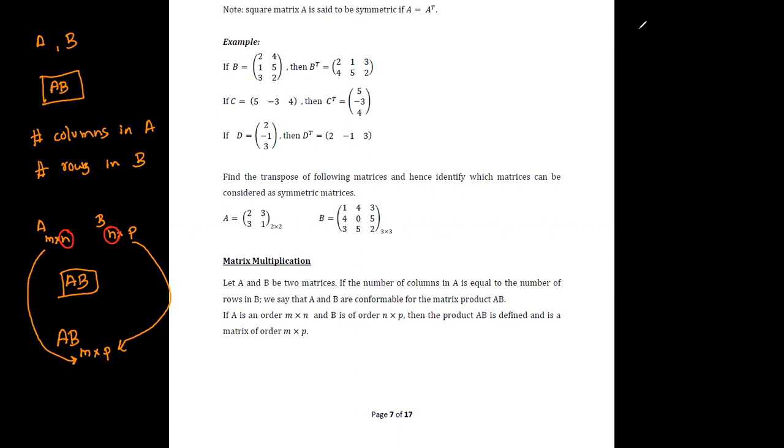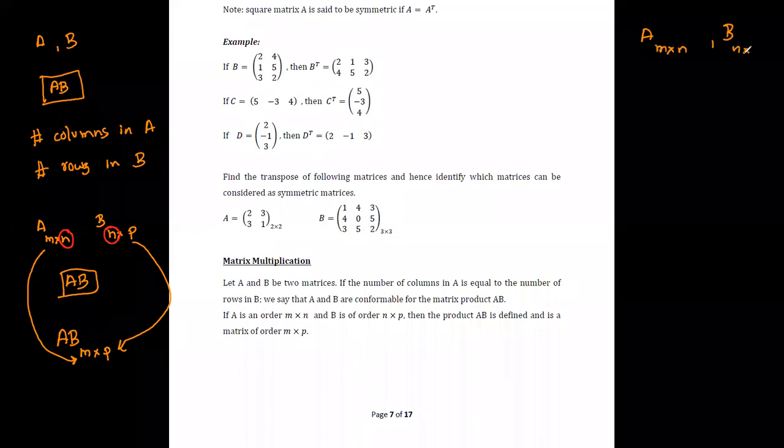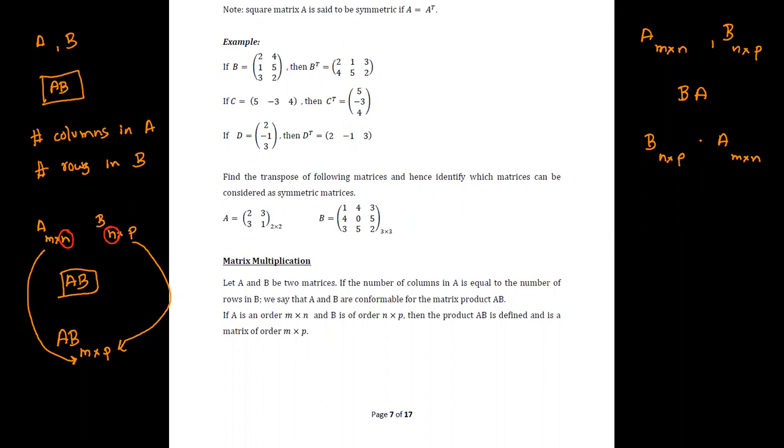Now suppose that A is a matrix given as m by n and B is a matrix given as n by p, and suppose you want to obtain the matrix product BA. Now your first matrix is matrix B, an n by p matrix, and the second matrix is matrix A, an m by n matrix. If you check these two values, you can see that they are not equal.